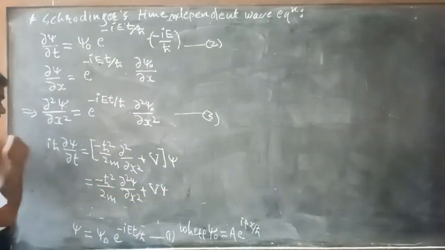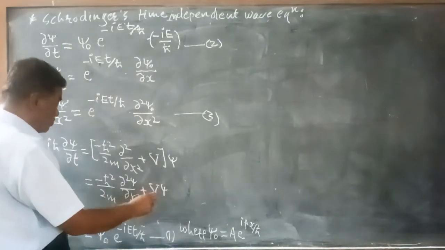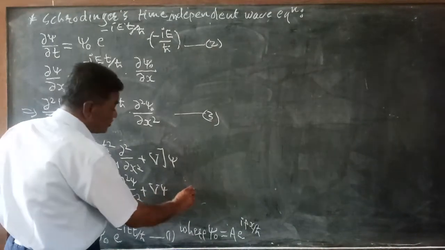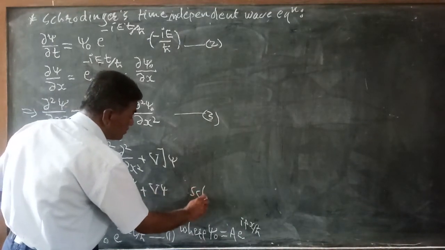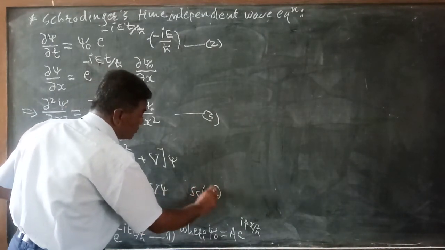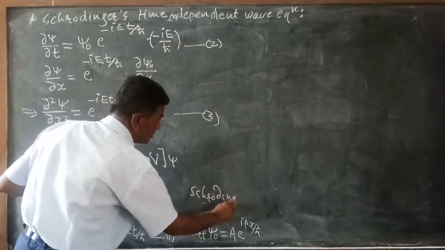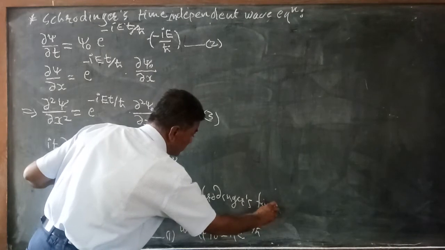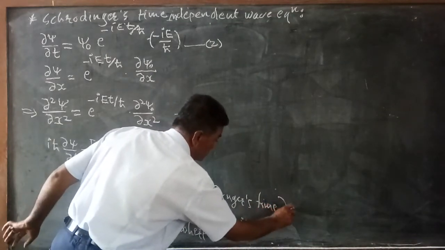So we are getting this equation. Suppose now this is Schrodinger's time dependent wave equation.